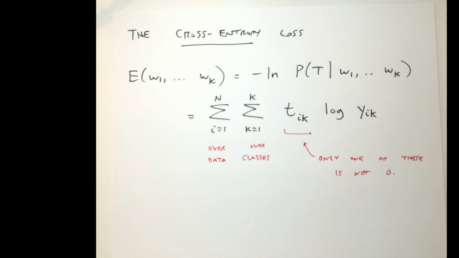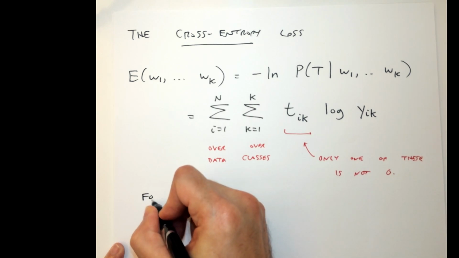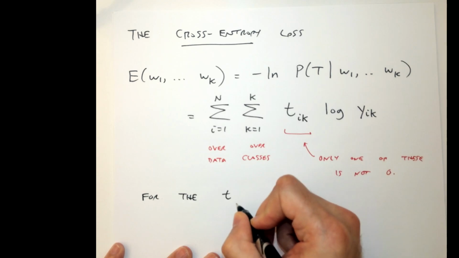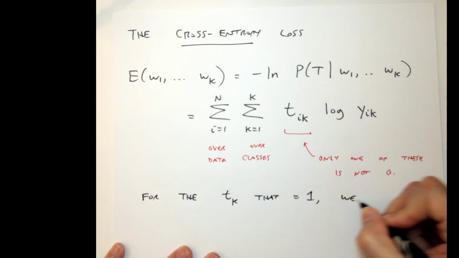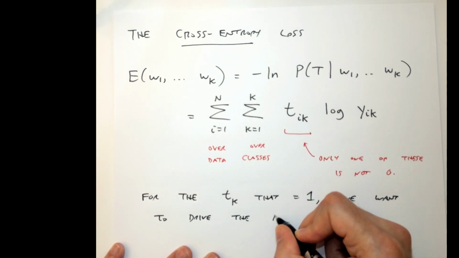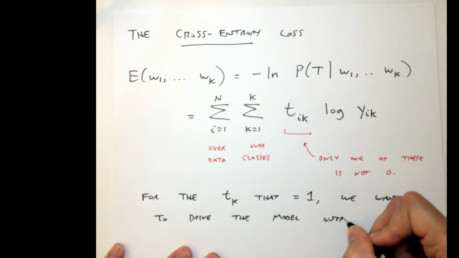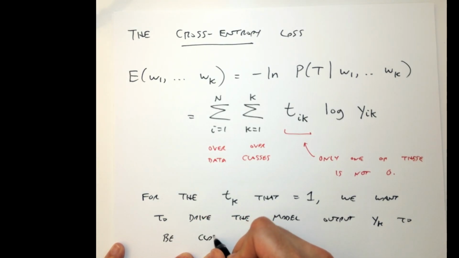So, let me write down the intuition: for the t_k that equals 1, we want to drive the model output y_k to be also close to 1. And the error is basically how far away I am from 1 for all my data samples for the classes that are true.